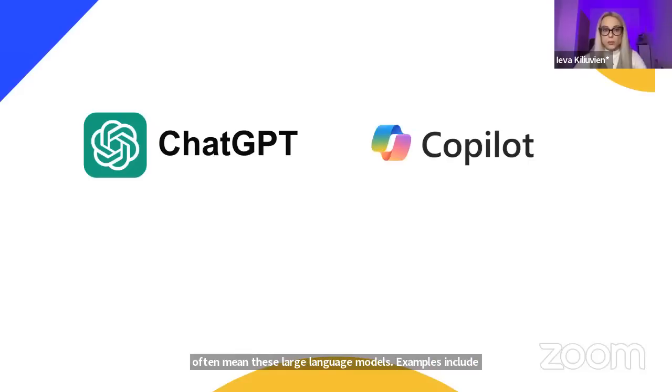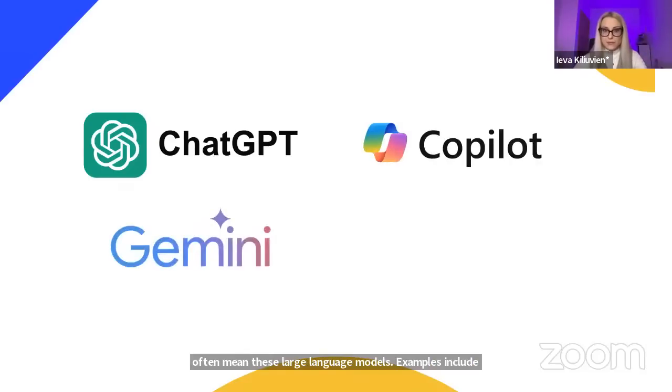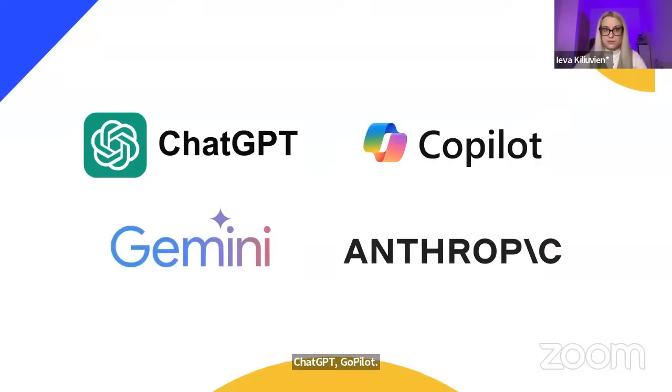So now, when we talk about artificial intelligence, we often mean these large language models. Examples include ChatGPT, Copilot, Gemini, Anthropic Claude, and others.